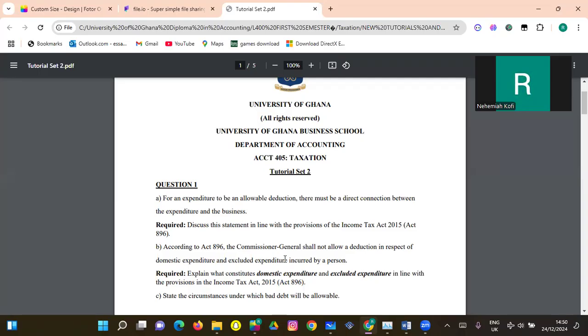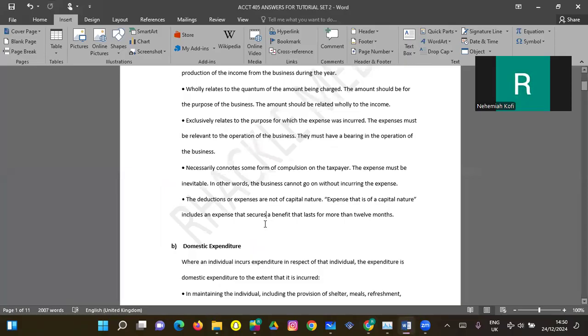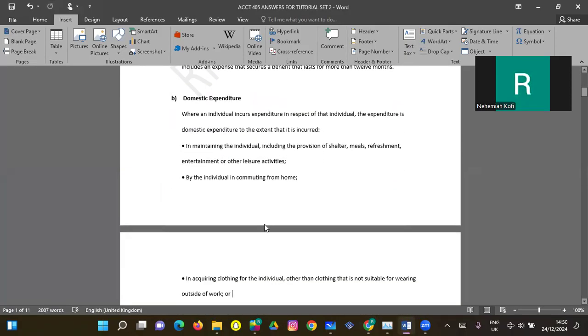a deduction in respect of domestic expenditure and excluded expenditure incurred by a person. So excluded expenditures are expenditures that will not be included, that is, not allowable. So let's talk about them here. So domestic expenditure: where an individual incurs expenditure in respect of that individual.